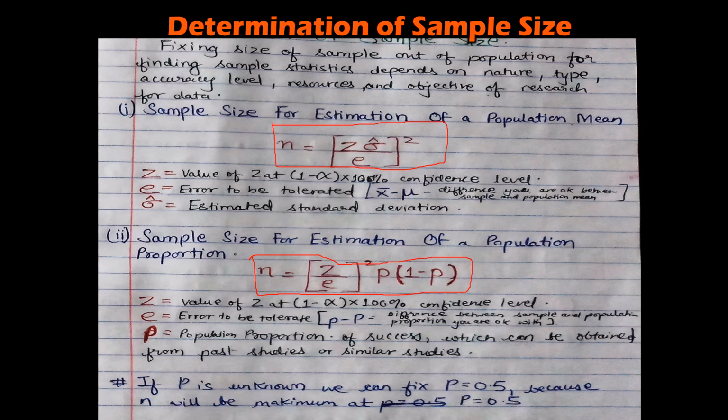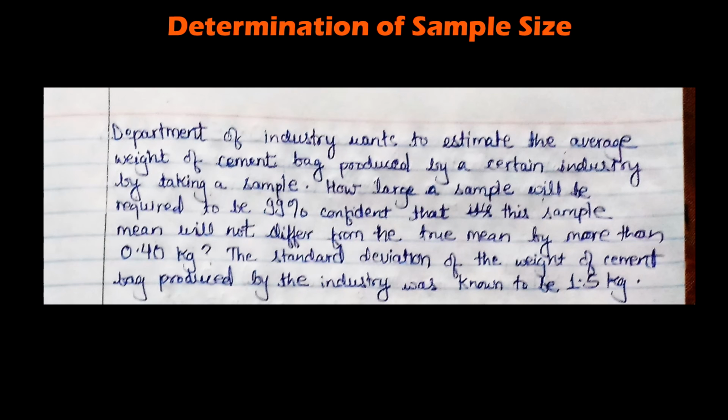E is equal to the error to be tolerated, which is the difference between sample and population proportion you are okay with, and P is the population proportion of success, which can be obtained from past studies or similar studies. If P is unknown, we can fix P equal to 0.5 because n will be maximum at P equal to 0.5. So here we have the problem for determination of sample size, and the problem reads as follows.